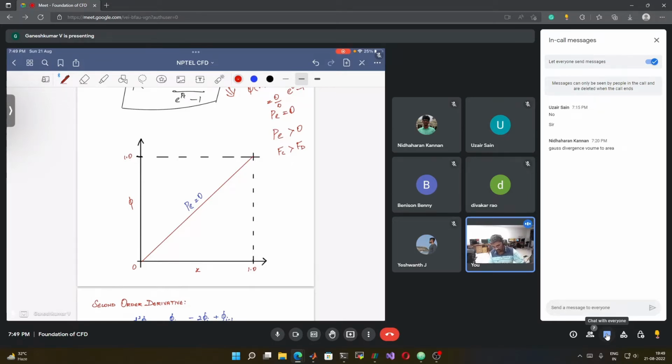If Peclet number is greater than 0, convection is greater than diffusion. So how will our curve look? If you try to plot it in MATLAB, or in some other software, when your Peclet number is greater than 0, you are going to get curves like this, right?